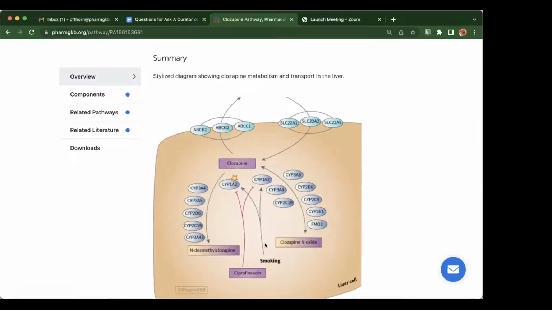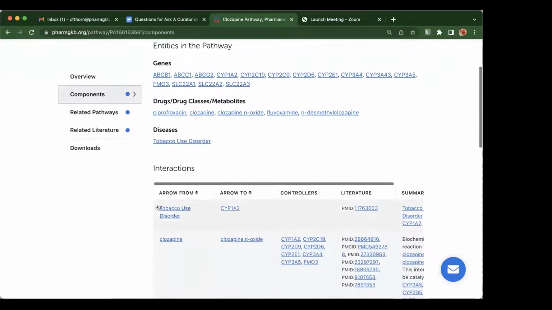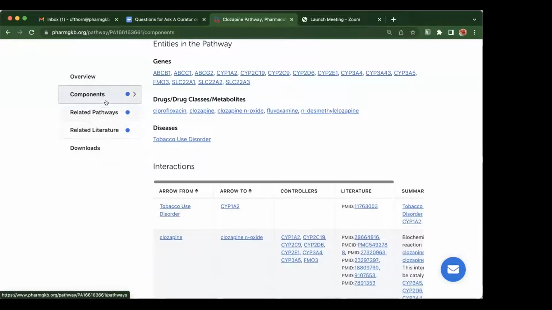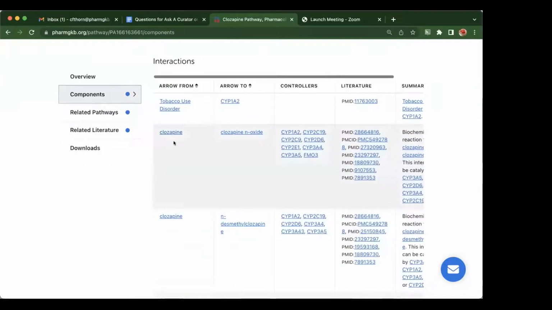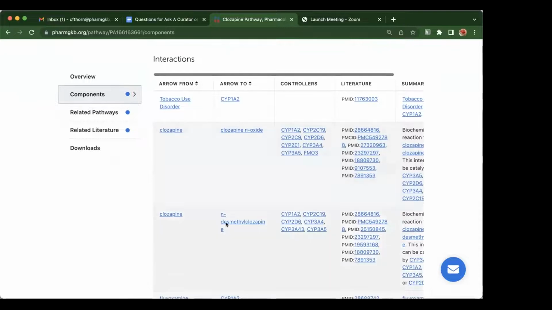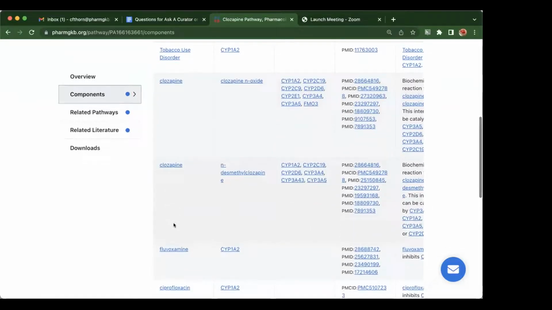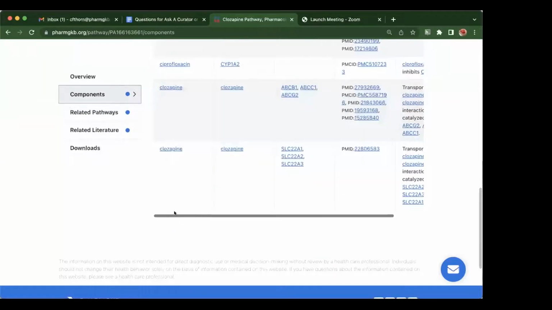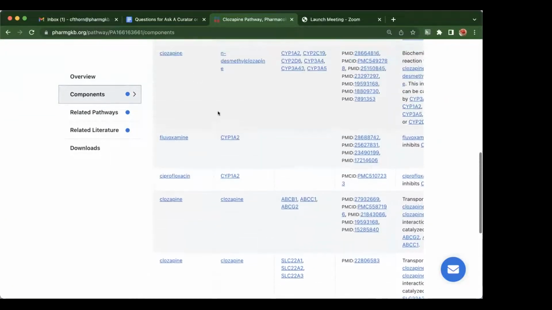We have stuff at the "this does interact" level. If you get the back end information about what was used to make this pathway, it tells you those drug-gene and drug-drug interactions, and where those have come from, with the PubMed identifiers.